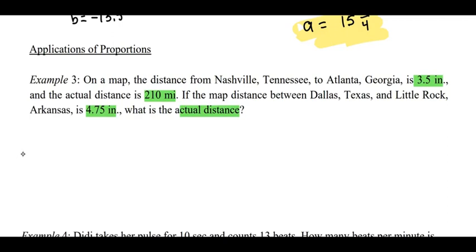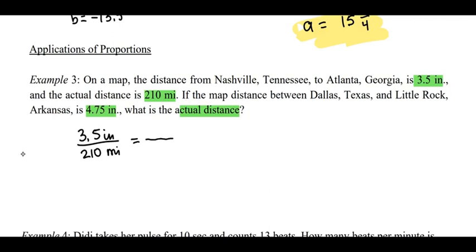All right. So let's go ahead and set up the first ratio, 3.5 inches to 210 miles. So that is Nashville, Tennessee to Atlanta, Georgia. That's the first ratio for our two numbers, 3.5 to 210. We're looking at the second one.